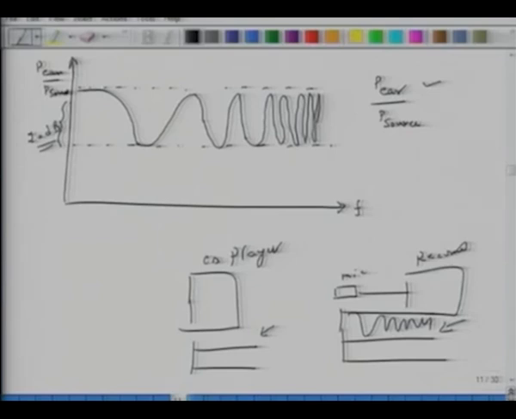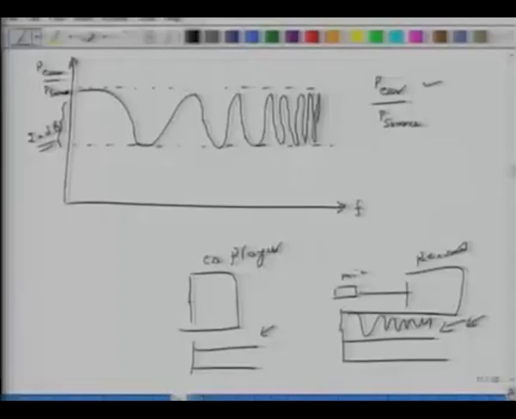When you are measuring sound, this is very important. You may conclude based on this data that your source is producing this kind of sound, but that may not necessarily be the case. That is why in reality, a lot of times people make measurements in anechoic chambers where there are no reflections.